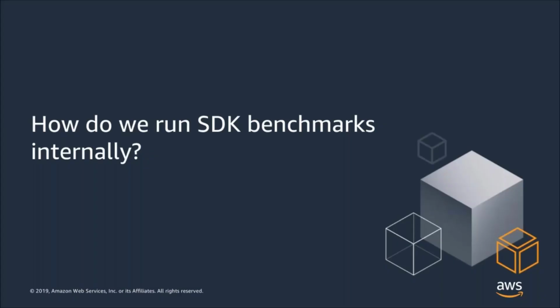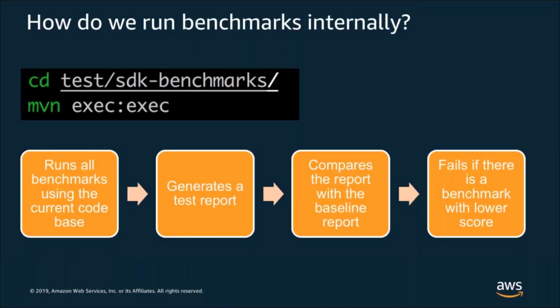We know how we run benchmarks locally, so how do we run SDK benchmarks internally? When we run benchmarks internally, we use a different command. It's the Maven execute command. It's defined in the POM file under that module. What it does is it runs all benchmarks using the current code base, and then it generates a test report.